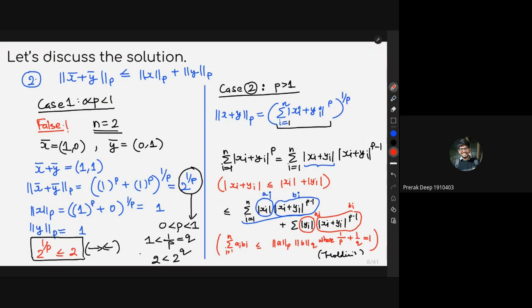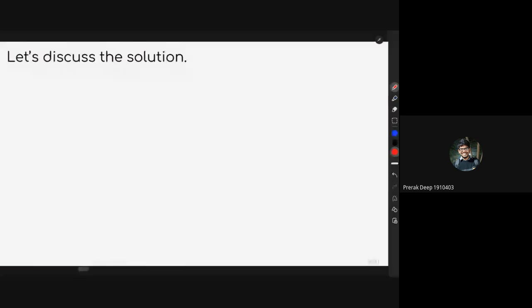Now let's apply the Holder's inequality and see what we get. Let me write what I had on the right hand side because it's going to be important.